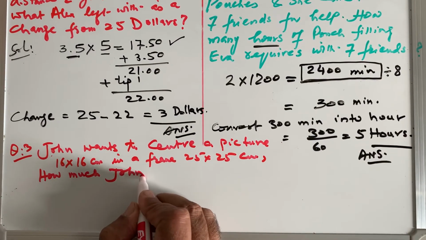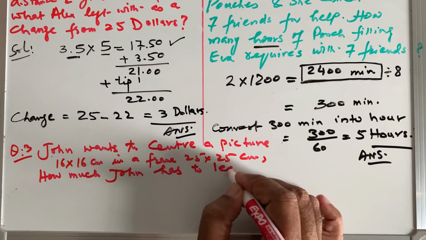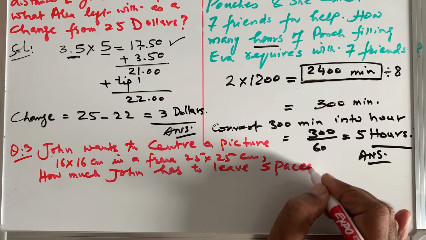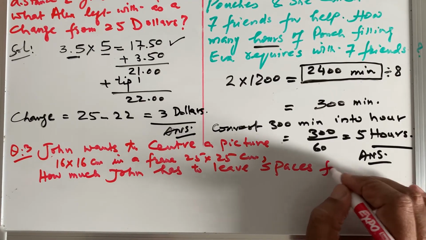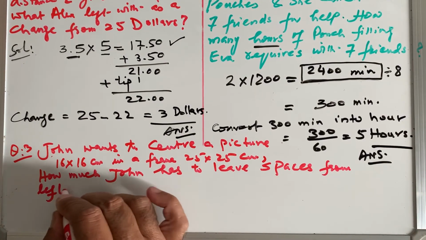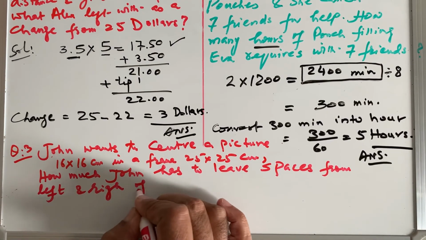How much space does John have to leave from the left and right of the picture frame?